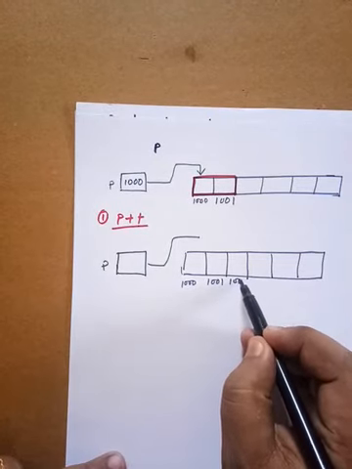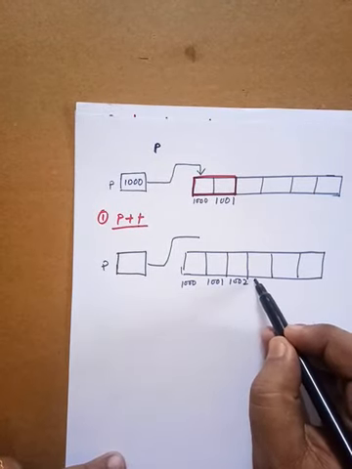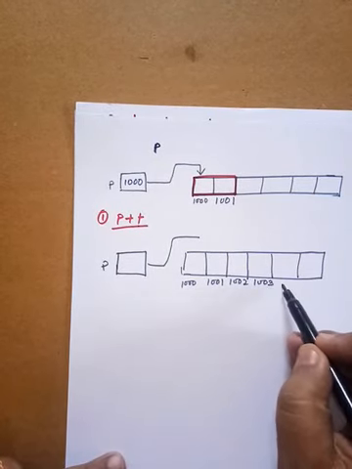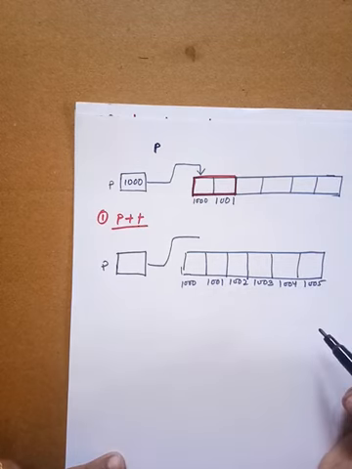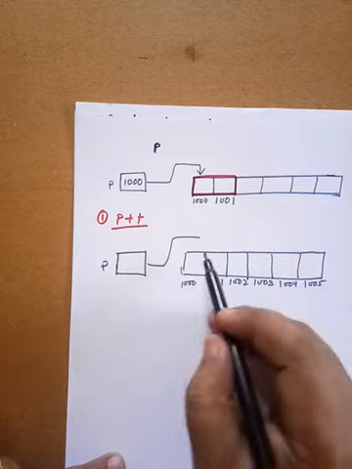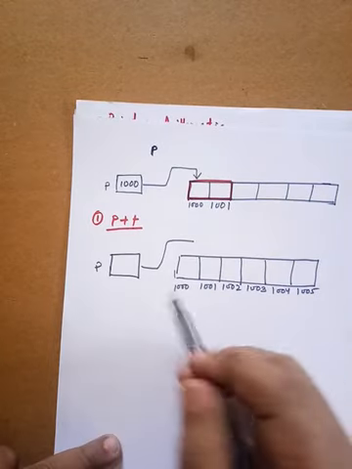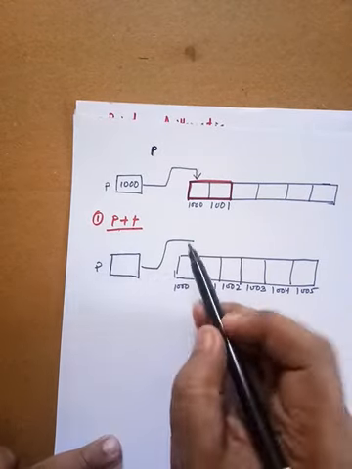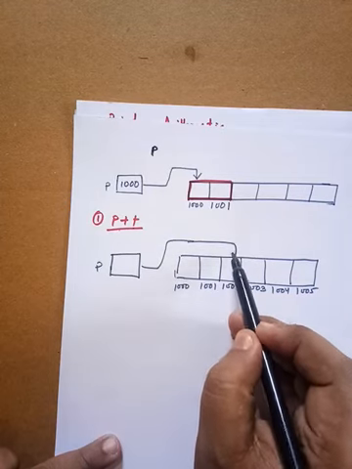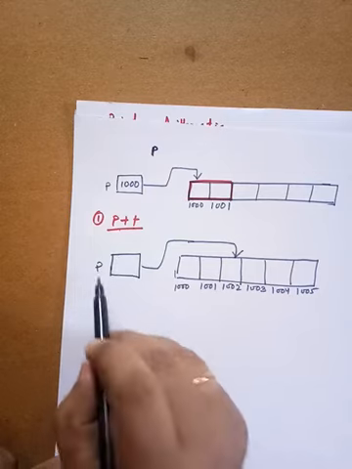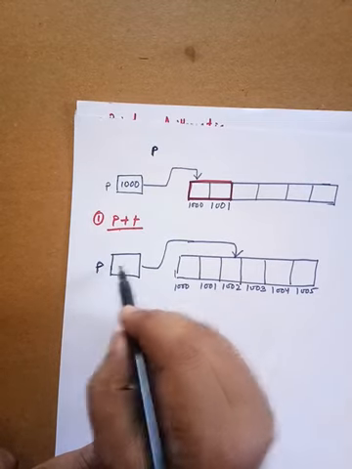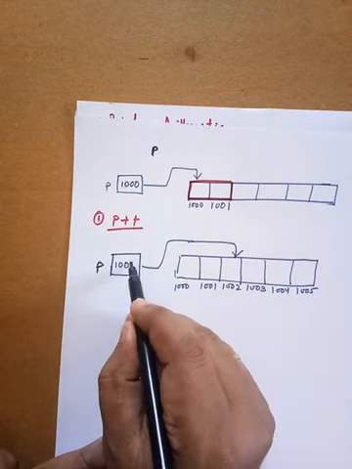The next address location is 1002, then 1003, 1004, 1005, like this. So when the pointer is incremented, it will point to the address location 1002. So this pointer p holds the address 1002.